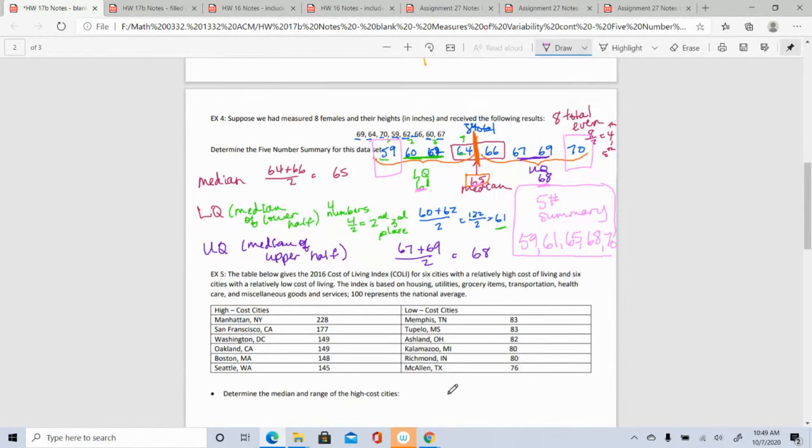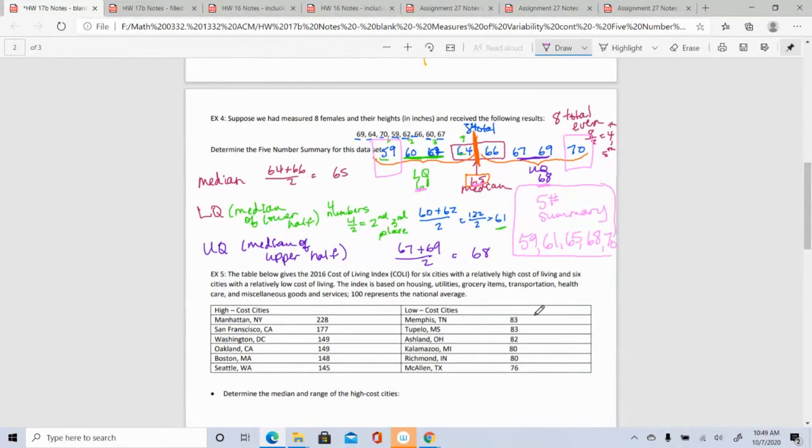We want the costs associated with living, like your mortgage and your gas and those kinds of things, to be low. The index is based on housing, utilities, groceries, transportation, healthcare, and miscellaneous goods and services. 100 represents the national average.